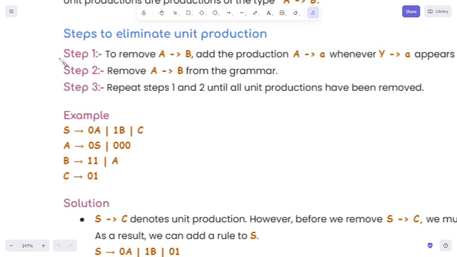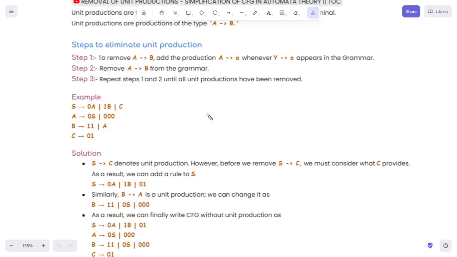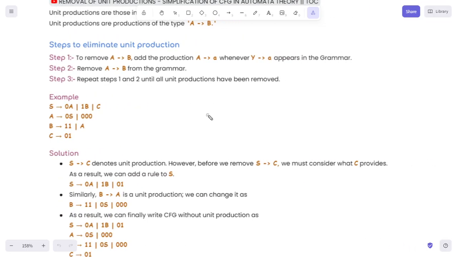So the first step to eliminate unit productions is to find the unit productions. Second is to replace each unit production with its derivation. Let's say for here, there is a unit production which goes from S to C, I can directly put the derivation of C, which is here 0, 1. If I put this, this will become S to 0, 1, 1B 0, 1, right? Directly substituting the production rule, right?